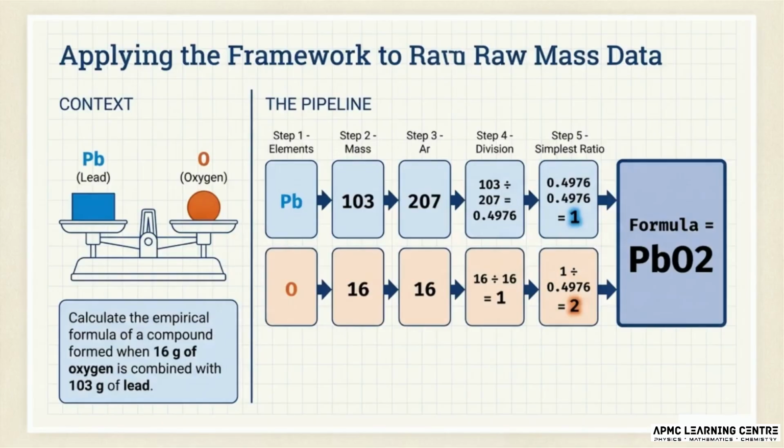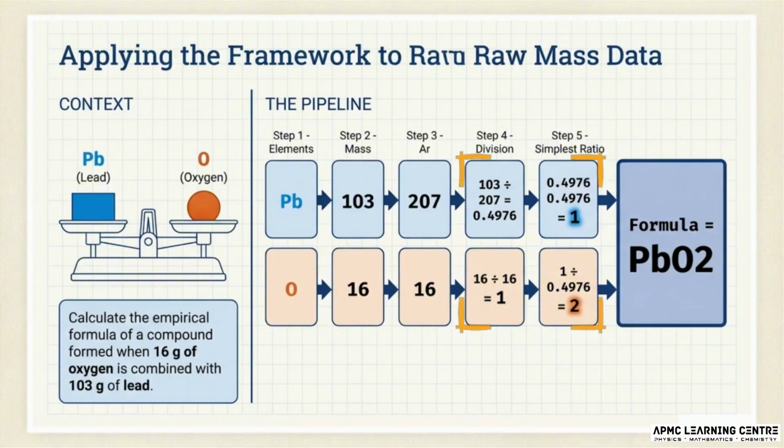In steps 1 and 2, we log the elements and their given masses. Step 3 is the critical conversion. We divide the 103 grams of lead by its AR, or relative atomic mass, which is 207. Then we divide the 16 grams of oxygen by its relative atomic mass of 16. Step 4 normalizes the data.